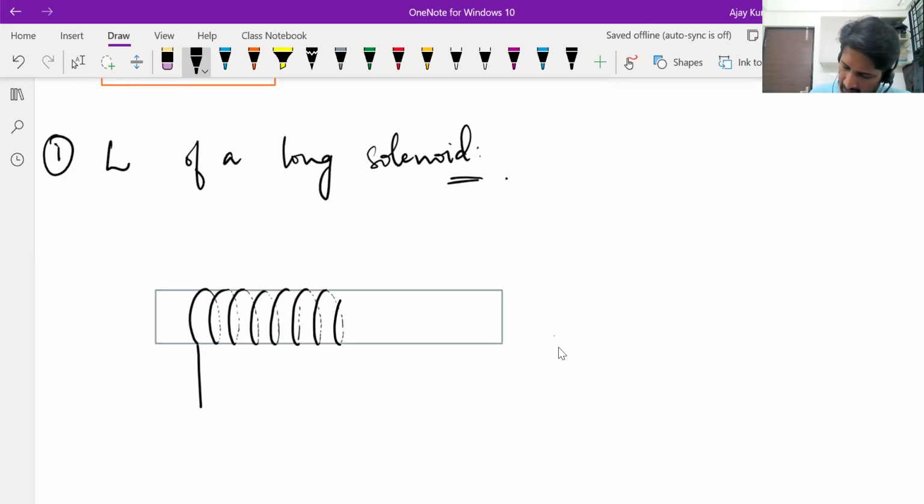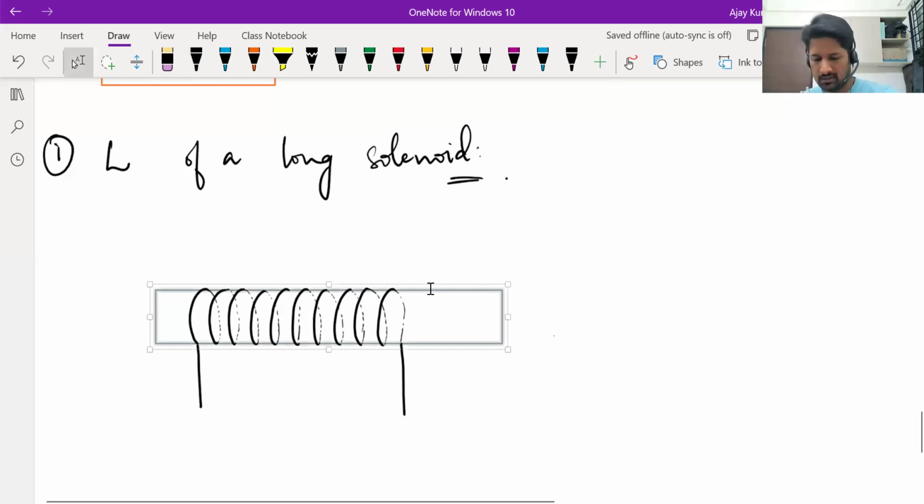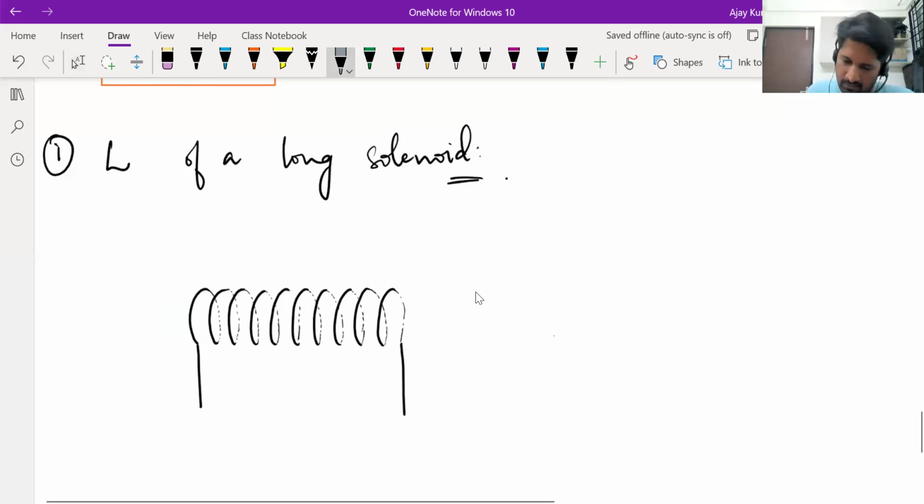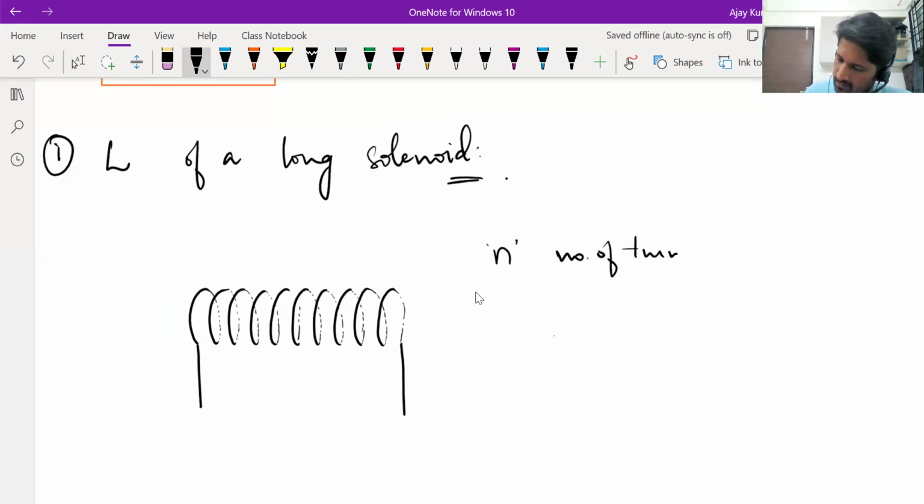Mu naught n I, correct. Is it uniform or non-uniform? Uniform. In a long solenoid, you get a uniform magnetic field. If the magnetic field is uniform, it's easy to write an expression for the flux. That's why we consider this case. Assume this is the long solenoid with n turns per unit length.